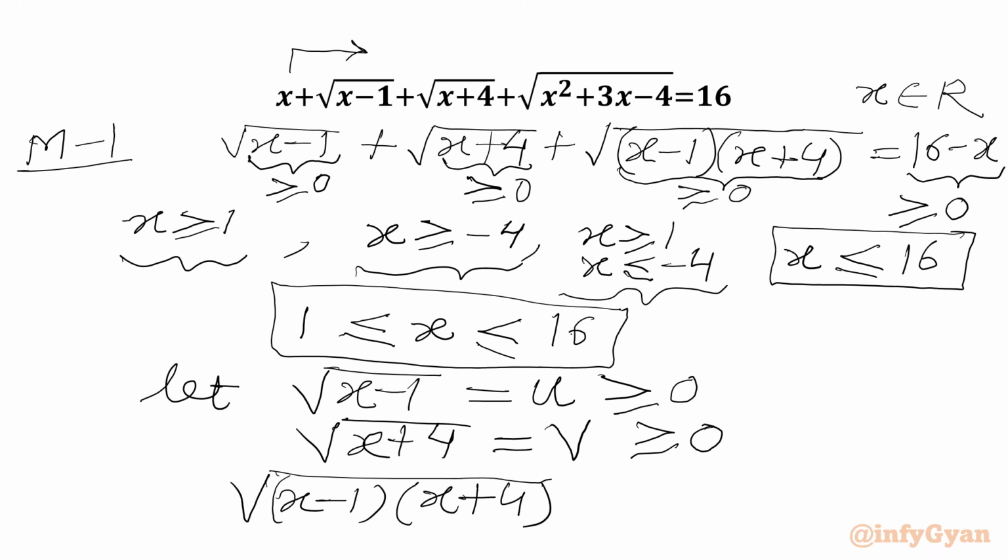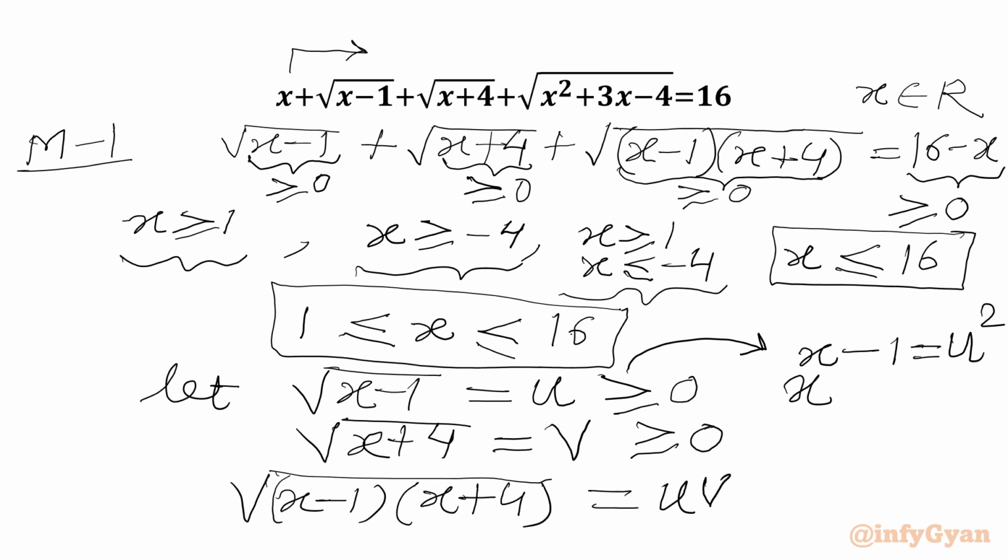This must be equal to u times v, which must be greater than or equal to 0. So we can write our equation. From this, we'll square both sides and write x minus 1 equal to u square. So x will be equal to u square plus 1.